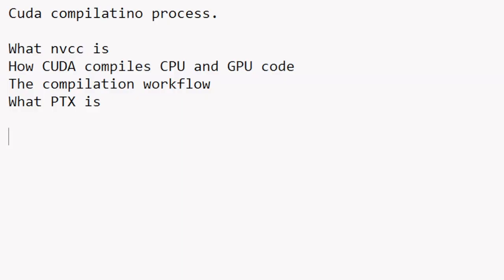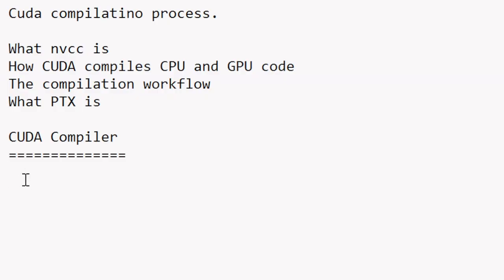So first we talk about the CUDA compiler. Unlike a normal C++ program, a CUDA program contains code for two different processors, CPU and GPU.